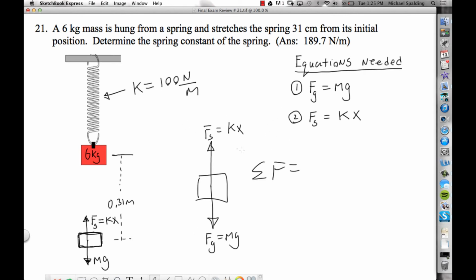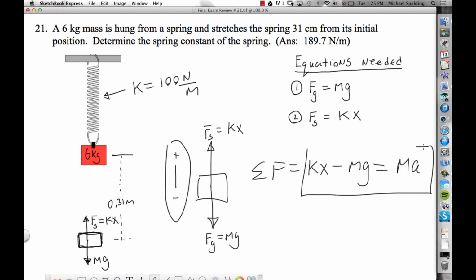Up is plus, down is minus, right? So we have kx up, mg down to make the mg minus. Sum of the forces always equals what? ma, but what's the acceleration here? 0. So what we have is kx equals mg, so k is mg over x.